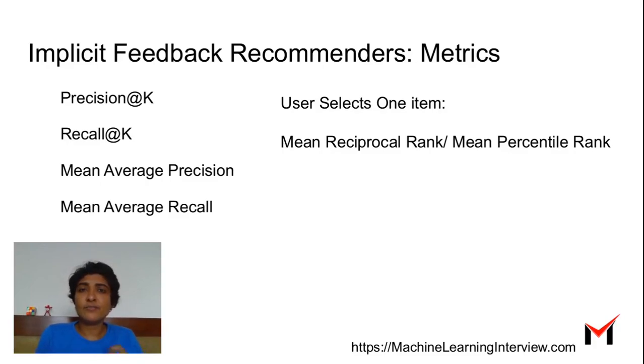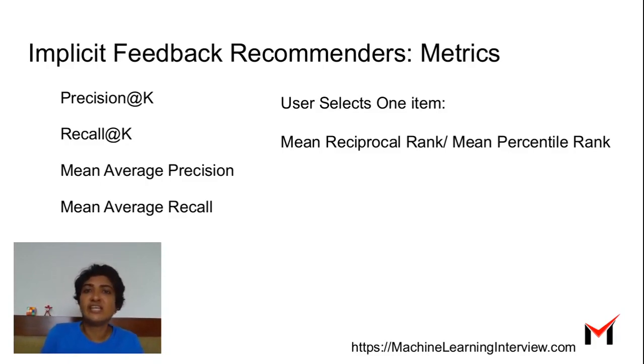Now, suppose K is 1, and your precision at 1 looks great, you got a good score. It means that the first item you're recommending is relevant in most cases, and that's actually a very good sign. But if you don't have a great score for precision at 1, are you able to at least get relevant stuff in the first 3 items?